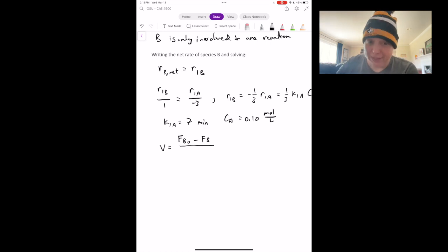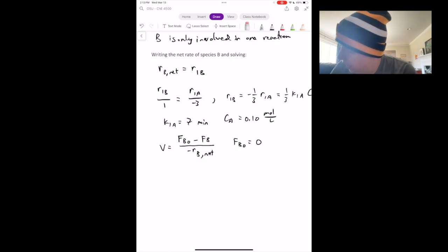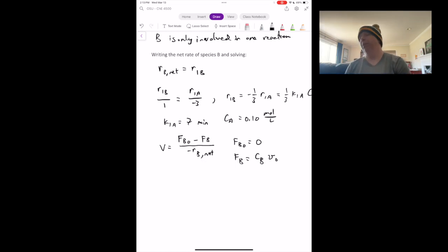Okay, so getting back to that, the term on the bottom here is going to be this RB net. In this equation, I know that FB naught is equal to 0. The only thing coming in here is A, so the flow rate of B coming in is 0. And coming out, I don't know the flow rate, but I can easily solve for it. That's going to be the concentration coming out, which I know, multiplied by the volumetric flow rate. This is a liquid system, so the volumetric flow rate is constant, and so I can use the inlet volumetric flow rate.